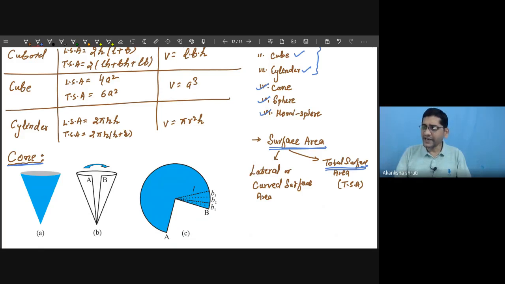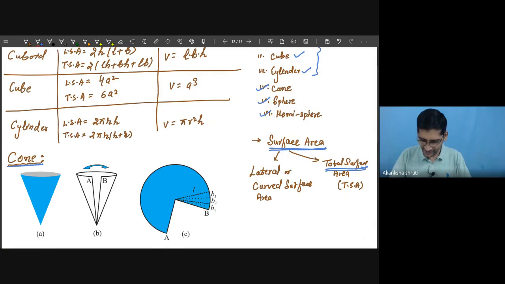The circular area can be calculated by applying the formula for the circle. But the curved surface, which is continuously decreasing and meeting at a vertex, has its area calculated by considering one new concept called slant length. That we will understand.